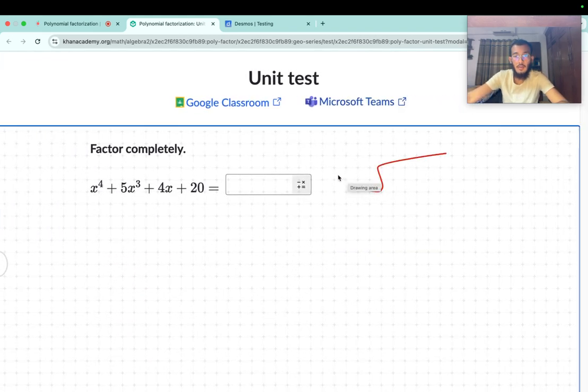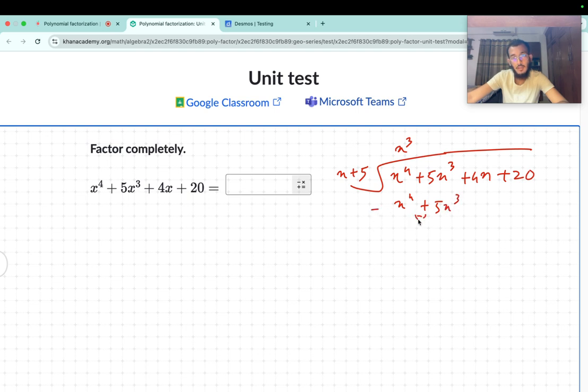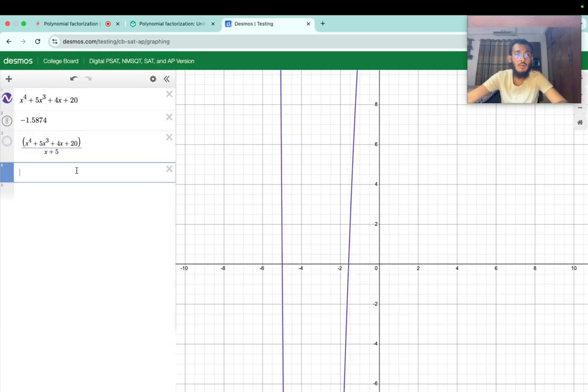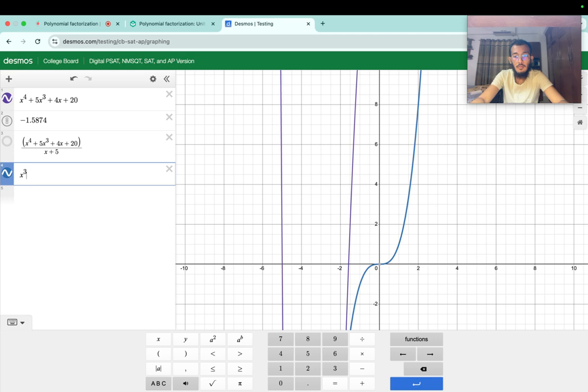So x plus 5 into x to the power 4 plus 5x cubed plus 4x plus 20. So x cubed, we have x to the power 4 plus 5x cubed. Subtract this. Cancel out 4x plus 20, so we're left with 4x plus 5 times 4 is 20. We're left with x cubed plus 4, and this is multiplied by x plus 5.